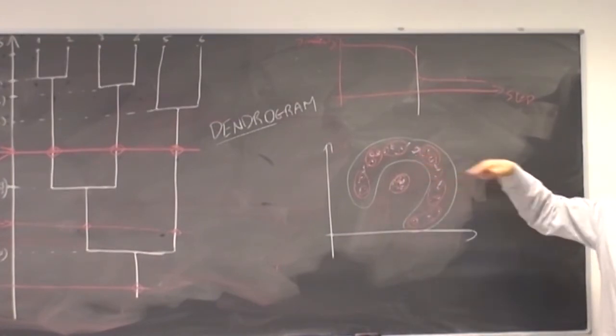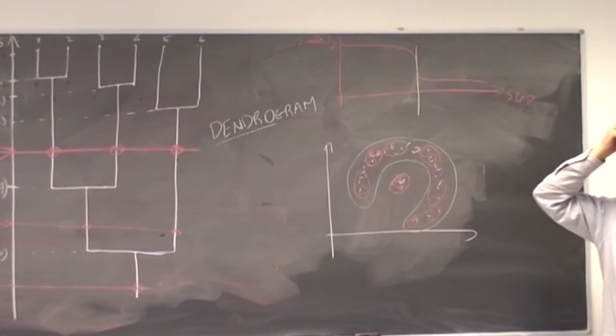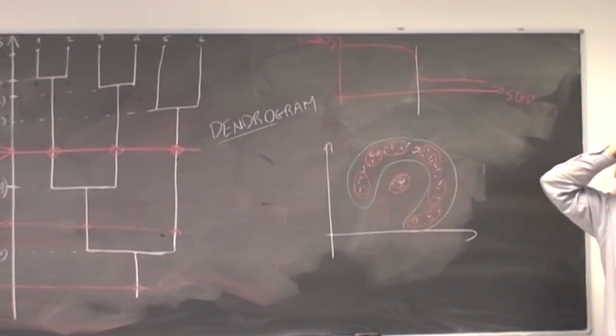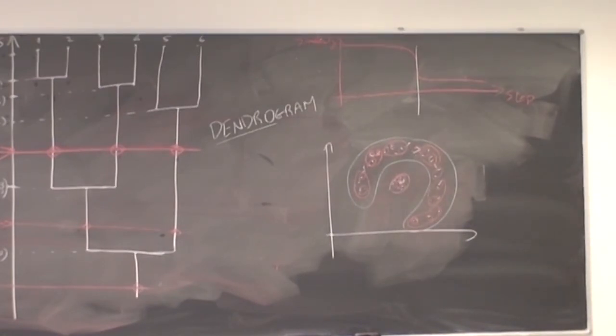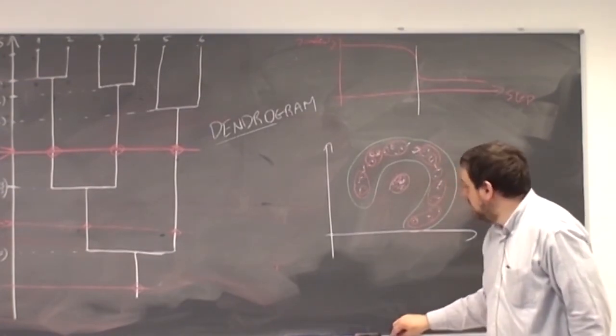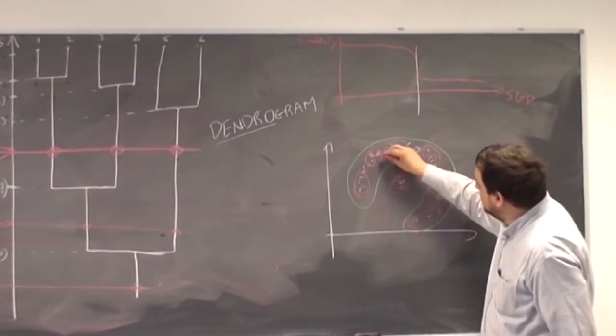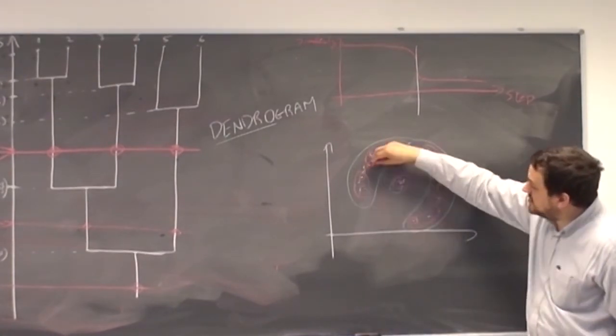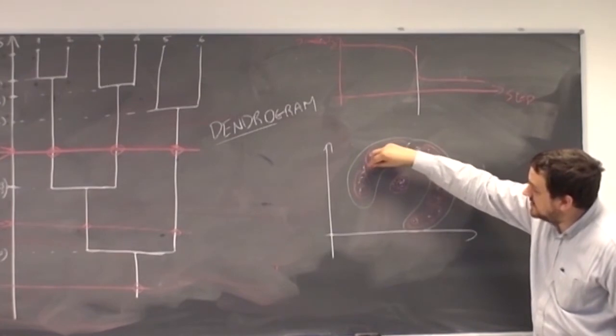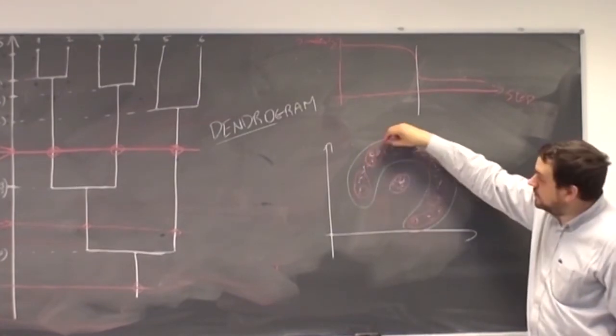Okay, do you agree with your colleague? So it actually depends on how we define the similarity between sets. If we take the minimum of similarities, then of course these two sets will be merged together because their similarity is the similarity of the two closest ones.